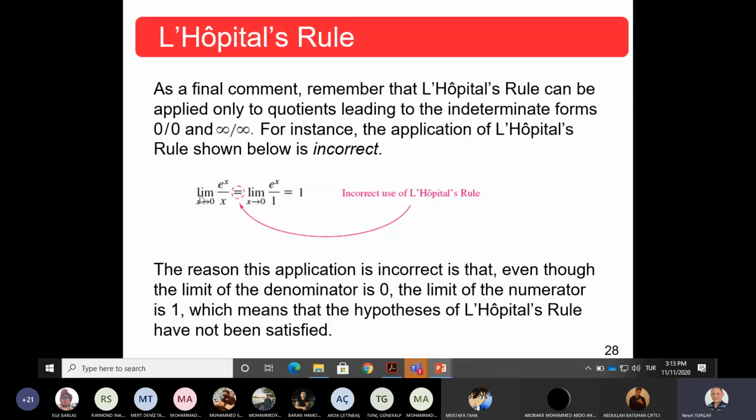Here it's showing one possible mistake students sometimes make. For example, look. In here you cannot use the L'Hopital rule because, now here, this limit is 1 over 0. The answer is infinity. Because to use L'Hopital rule, you should have 0 over 0 or infinity over infinity, right? But in here you didn't get an indeterminate form, so you cannot use L'Hopital rule here.